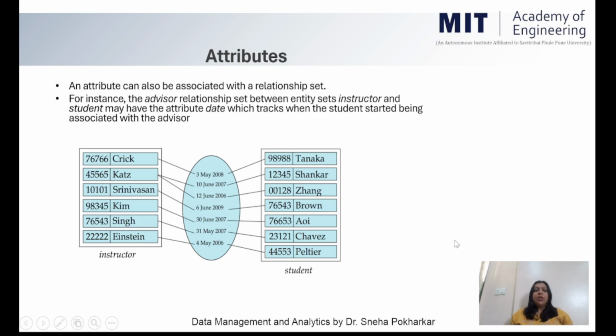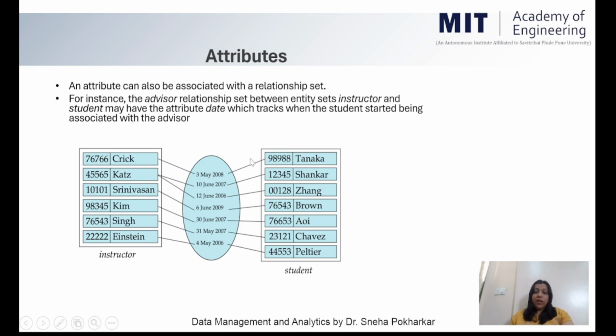And these attributes are associated with the relationship set, because just now we have seen that we can develop relationship sets based on the attributes also. For instance, the advisor relationship set between entity sets instructor and student may have the attribute date, which tracks when the student started being associated with the advisor.